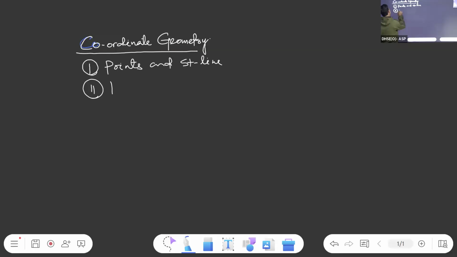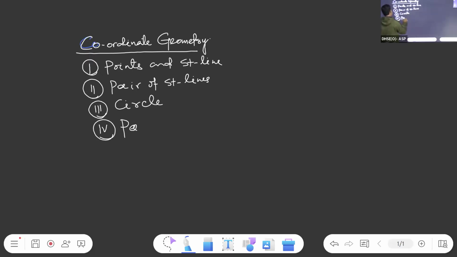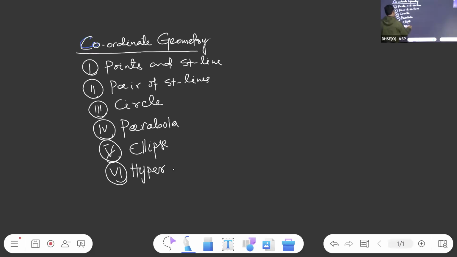Second one is pair of straight lines. Third is circle. Fourth is parabola. Hyperbola.